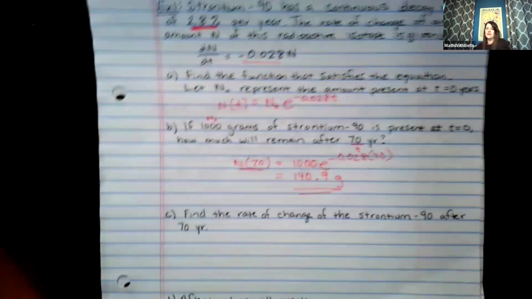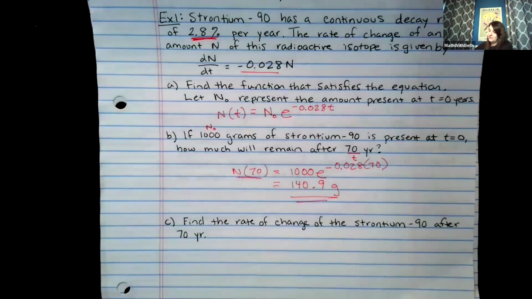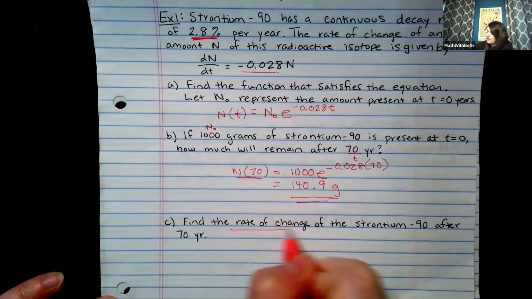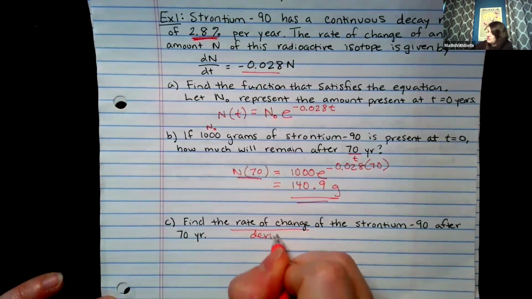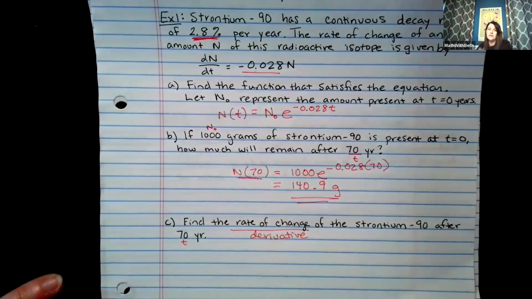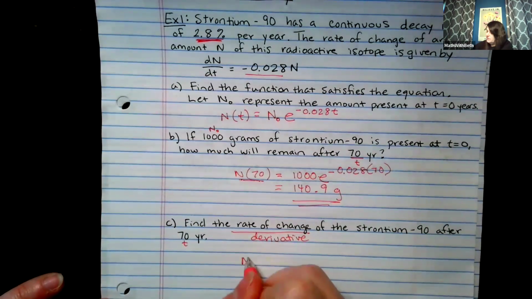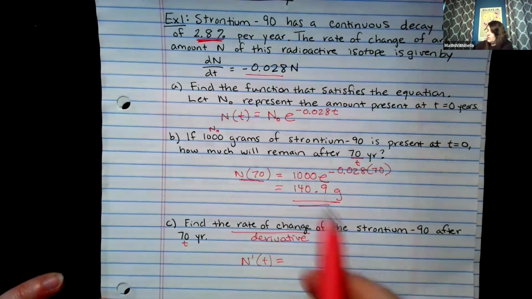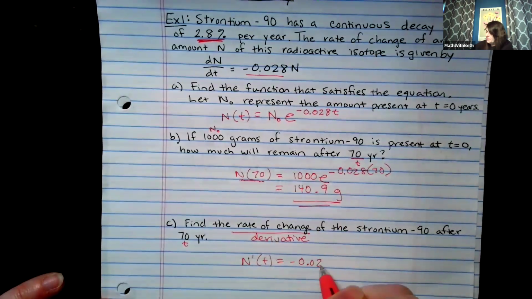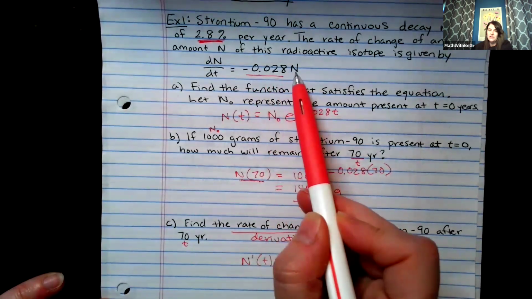The next part is asking us to find the rate of change of the strontium 90 after 70 years. Rate of change always means derivative. And again, they're giving us the t. First, remember that the derivative was just this times the original equation. That's what they told us here.